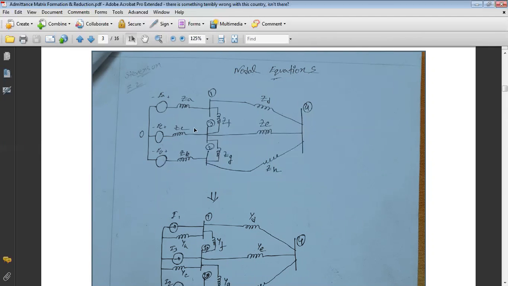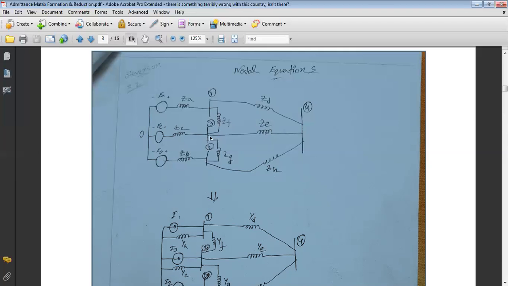If we want to rename or renumber these buses as 1, 2, 3, and then 4, we should relocate the connections also. Here there is bus number 3, and from bus number 3 there are 4 connections: one to bus 4, another to bus 2, another to bus 1, and another to the generator.